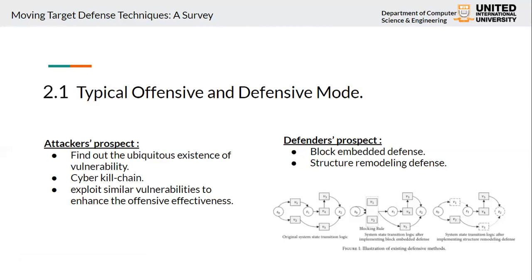So let us try to understand the illustration. Considering the defect of a system, the embedded defense method makes irregular system states unreachable by using techniques such as access control and physical isolation. When it includes the access control policy, by blocking rules, it prevents unauthorized access, and so the attackers cannot access the system to get any sensitive information.